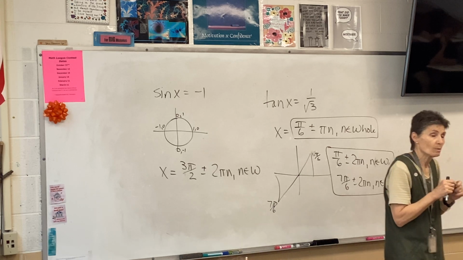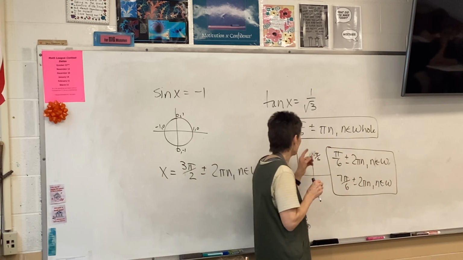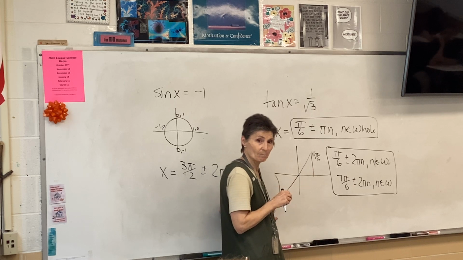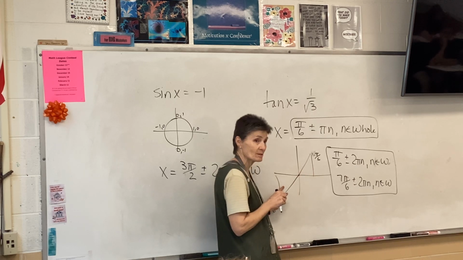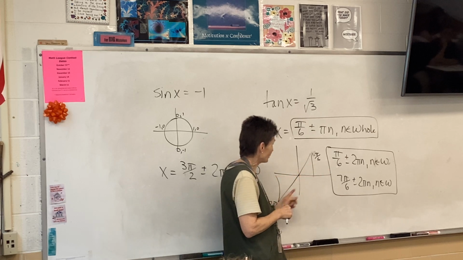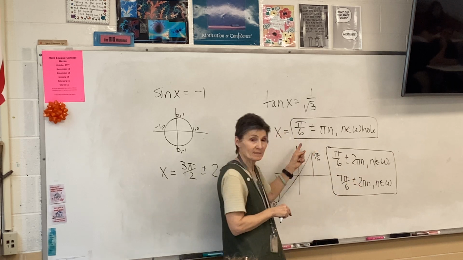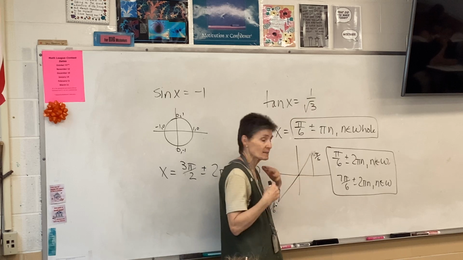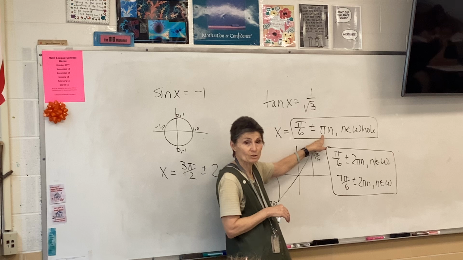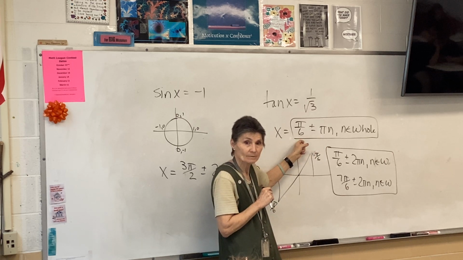So if the answer to the question is everything coterminal with pi over 6 and 7 pi over 6, because these are the two answers in the unit circle, then the coterminals with those two would be written this way. But because the period of the tangent's only pi, if this were a sine or cosine problem, I'd have to do it this way. But because the period of the tangent's only pi, I can get away with writing just one little statement. Okay?